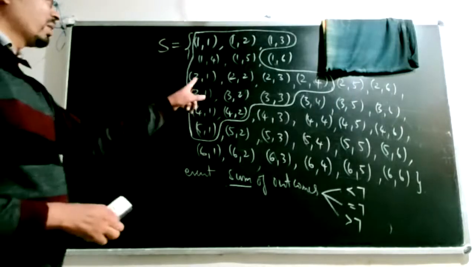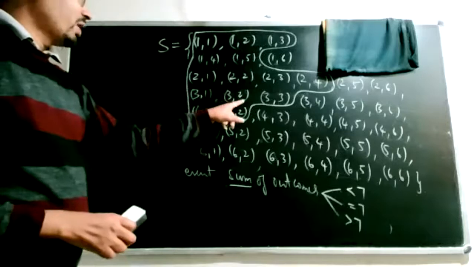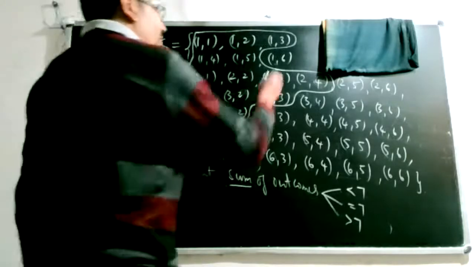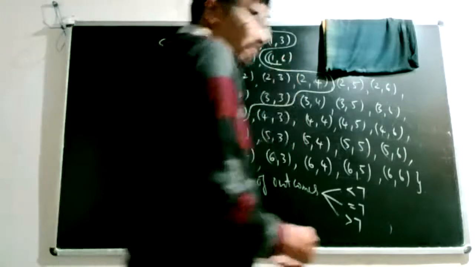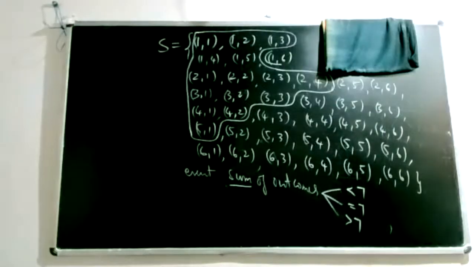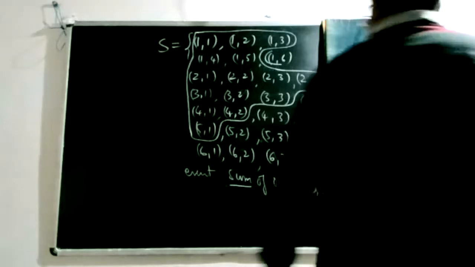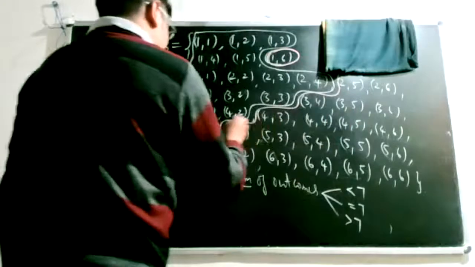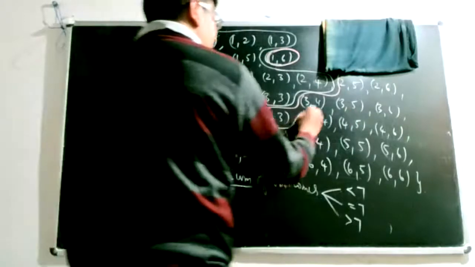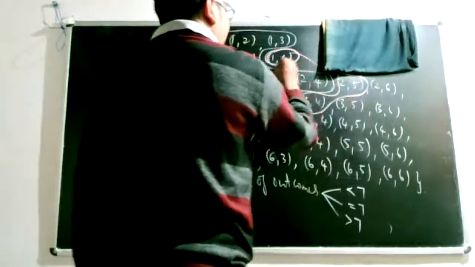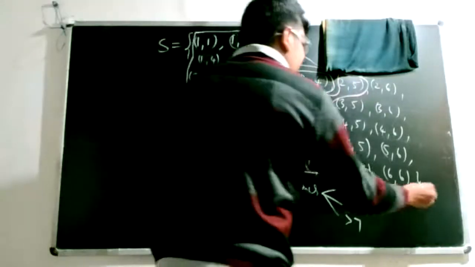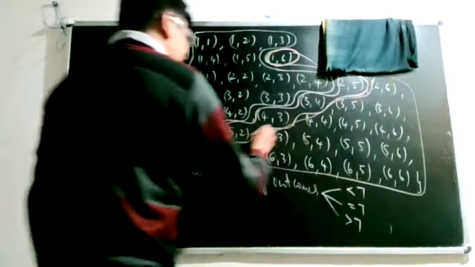Sum means you have to add: 2 plus 1 is 3, 2 plus 2 is 4, and pick the cases which are strictly less than 7. And what are the cases with equal to 7? Equal to 7 are 1 6, 2 5, 3 4, 4 3, 5 2, 6 1. So these are the cases for equal to 7 and the remaining are the cases for sum more than 7.